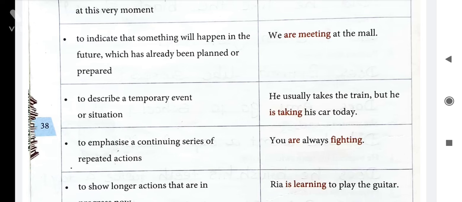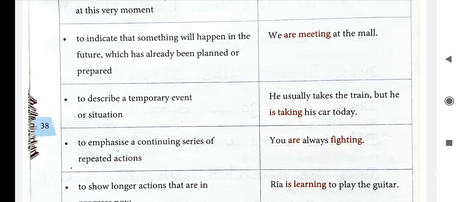Let's see the second example. She is not going to the game tonight, or she is not going to the party tonight, or he is not going to the dinner tonight, right? Yes, he is going to the dinner tonight.